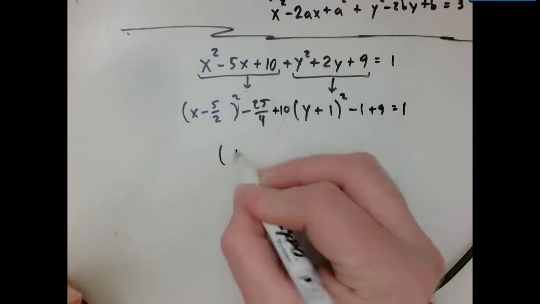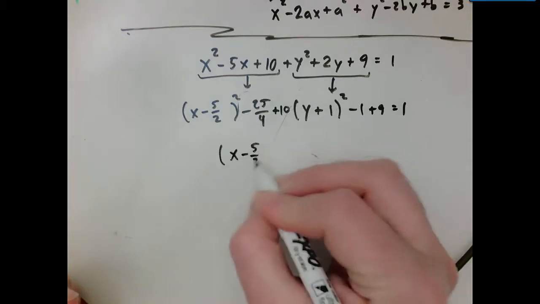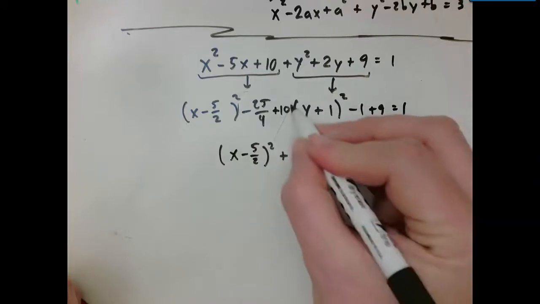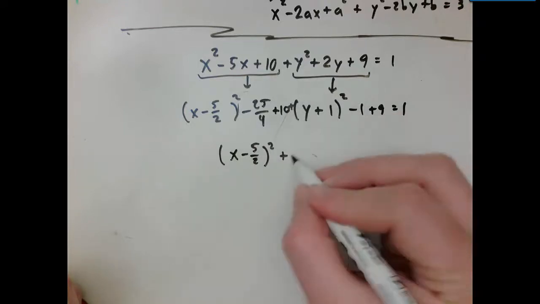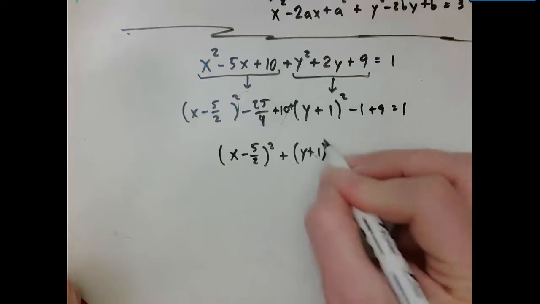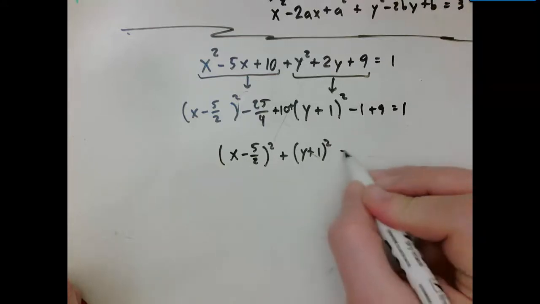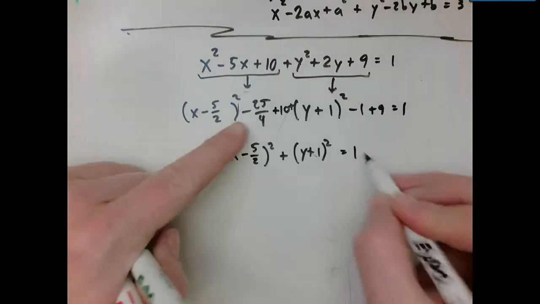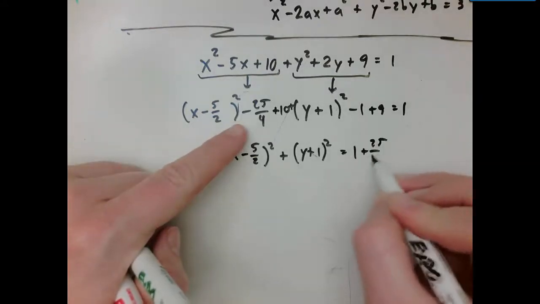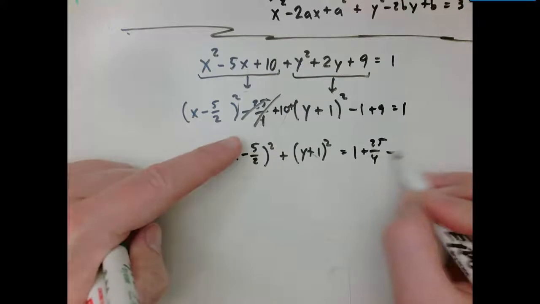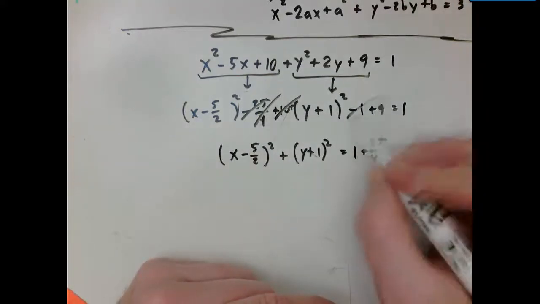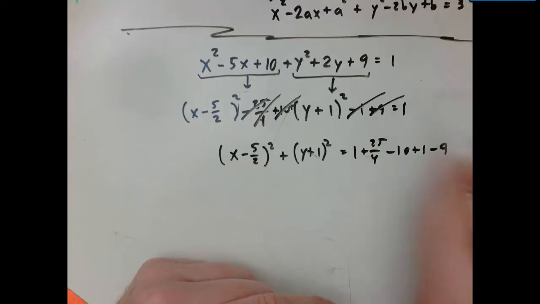So when I've done that, I've got (x minus 5 halves) squared plus (y plus 1) squared on the left. Then on the right side: plus 25 fourths, minus 10, plus 1, minus 9.